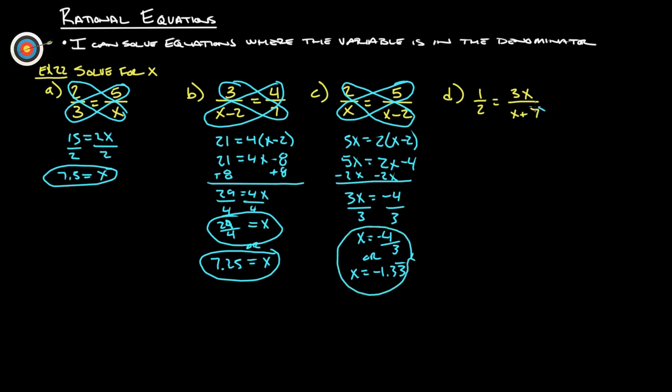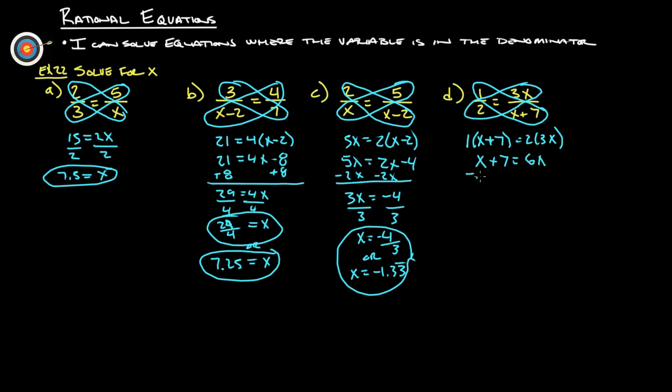Okay, last one, cross multiply. 1 times x plus 7 equals 2 times 3x. So that's just distribute the 1 through, and we're left with x plus 7. Distribute the 2 through: 2 times 3x is 6x.